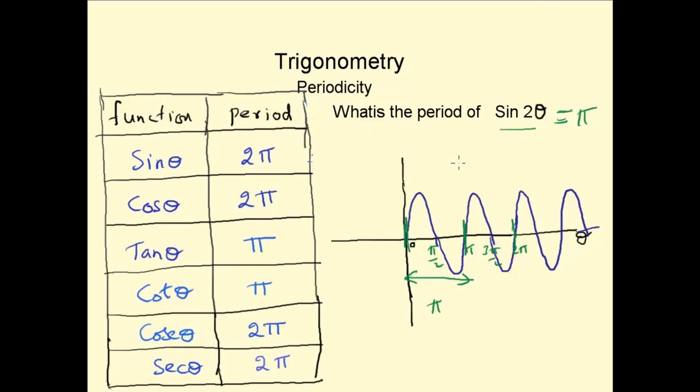Now let's plot the same thing for sine 4 theta. It would be a similar plot, except that the angles would change, and it will be much faster.